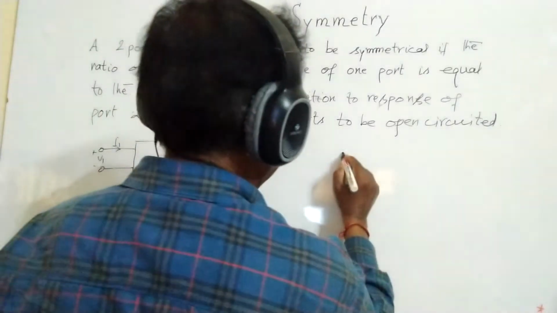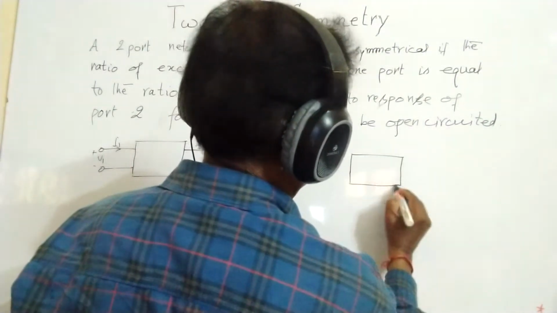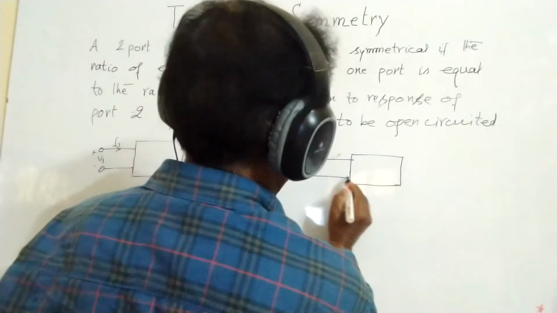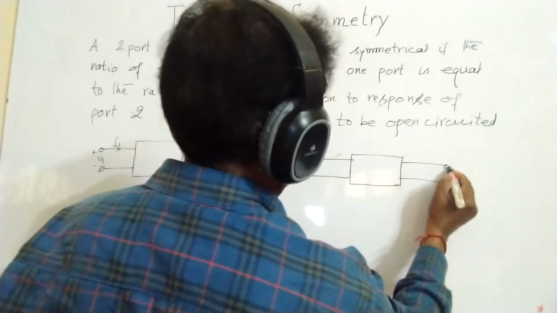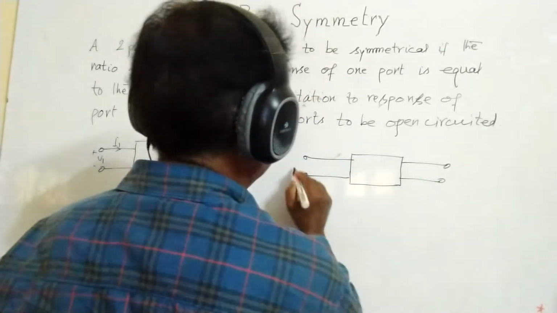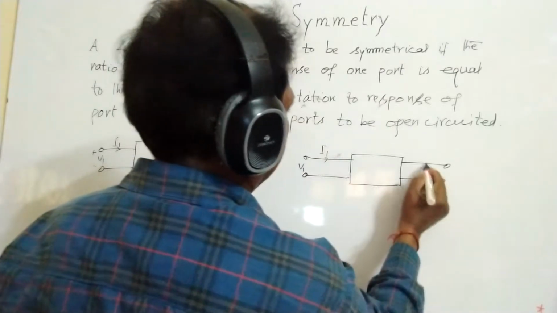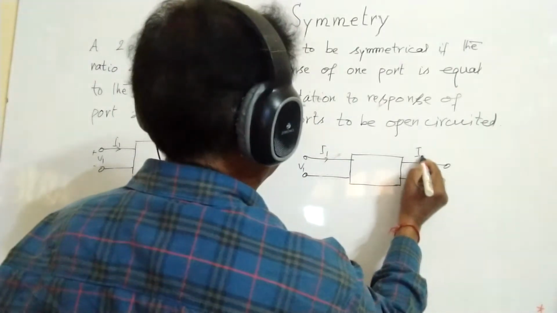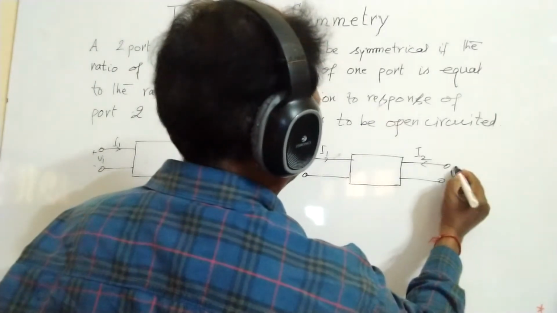Let us take another two-port network, again having two pairs of terminals, V1, I1, I2, V2.